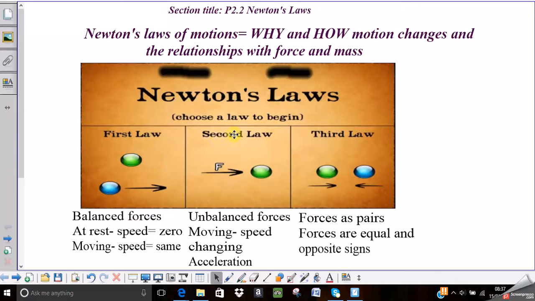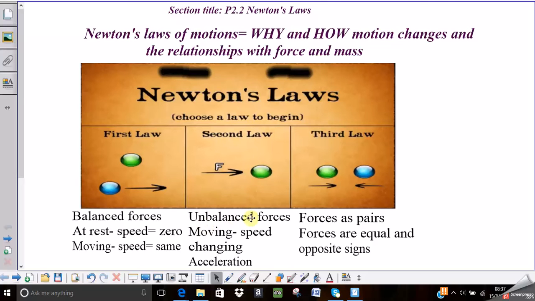The second law: I see the green ball, but now the arrow has an F attached to it. That means this ball is moving because there are unbalanced forces acting on the green ball. If we look on the left, the first law says balanced forces.